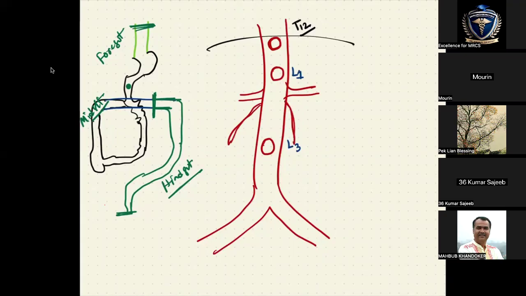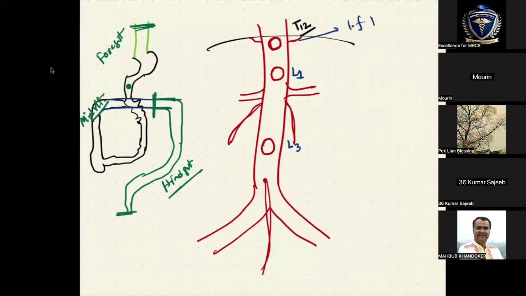You will get some lumbar vessels from behind, which are paired, and one sacral artery from behind. Immediately coming into the diaphragm there is a very tiny vessel to supply the diaphragm, called the inferior phrenic artery.